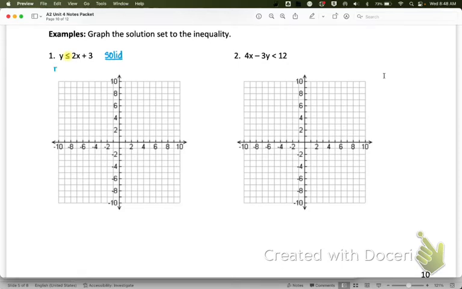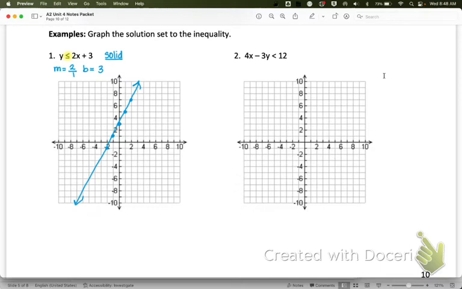And I need my slope, which is 2 over 1, and I need my y-intercept, which is 3. So the first thing I'm going to do is graph my boundary line. A y-intercept at 3, a slope of up 2 over 1, or down 2 backwards 1 to get some more points. And again, we're going to connect this with a solid line. That's my boundary line. That is the line y equals 2x plus 3.